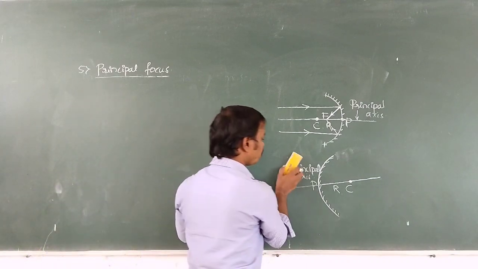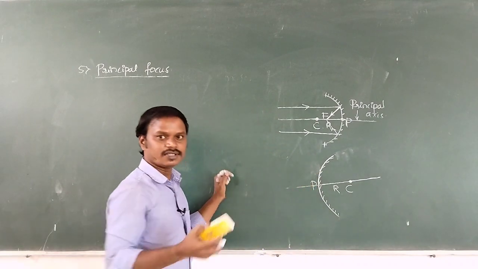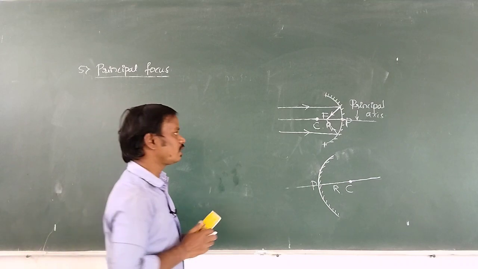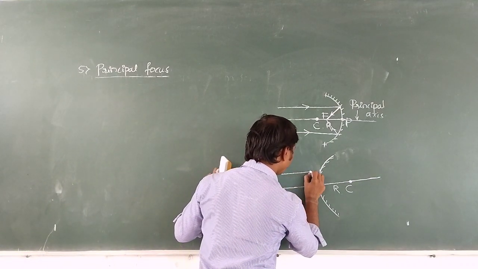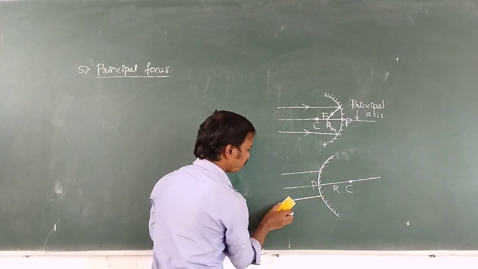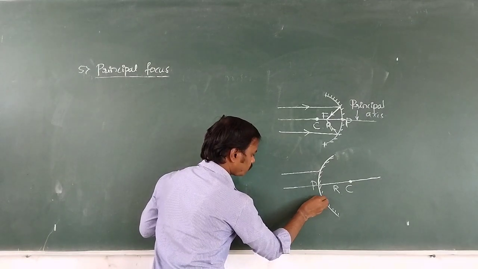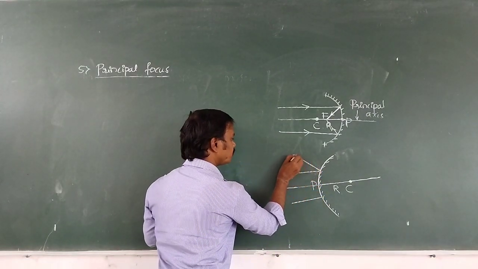And also in case of convex mirror, the light is always incident on the reflecting surface. When a parallel beam of light is incident on the reflecting surface of the convex mirror, the light rays undergo reflection.